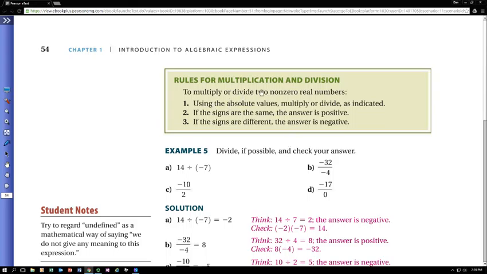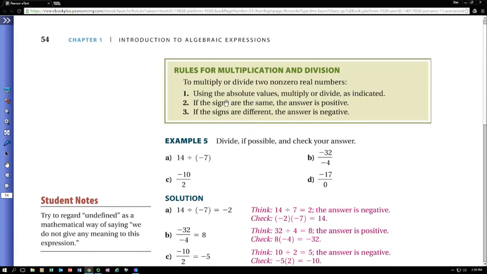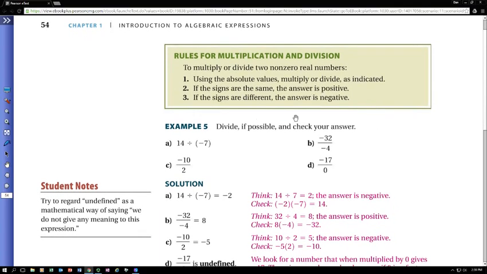So they talk about rules for multiplication and division. To multiply or divide two non-zero real numbers, use the absolute values, multiply or divide as indicated. If the signs are the same, the answer is positive. If the signs are different, they're negative. Okay? I kind of reverse that order.